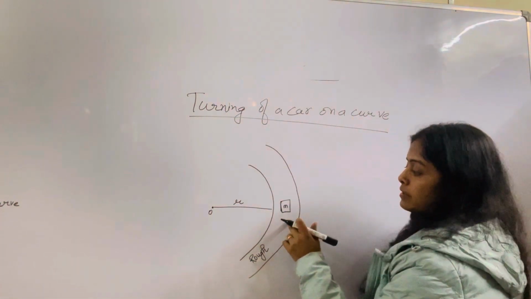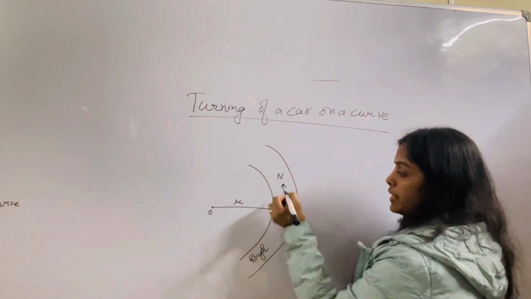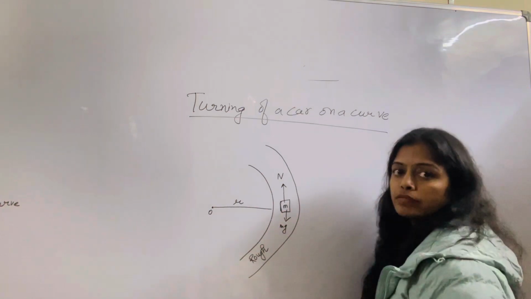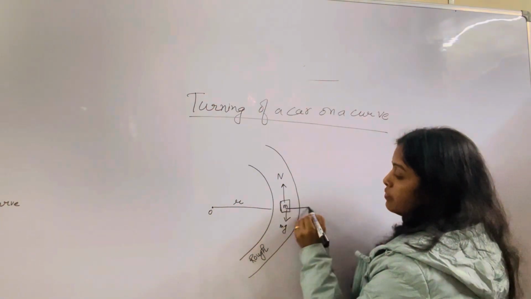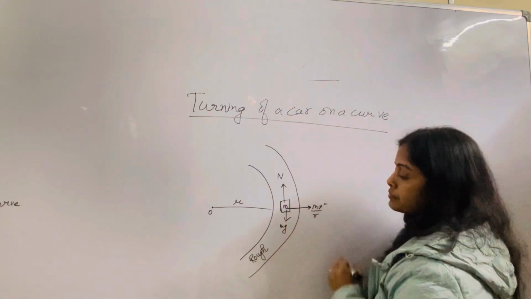When this object is here, there is a normal force acting in the upward direction and the force mg is acting in the downward direction, and the centrifugal force is acting in the outward direction, which is equal to mv square by r.